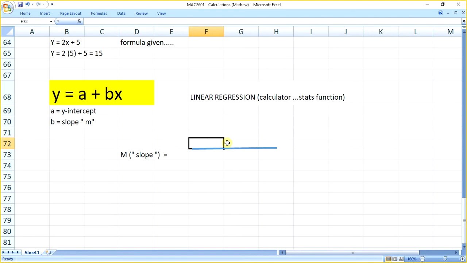When working out m, you're going to need y2 minus y1 over x2 minus x1. That's just the formula that's used to work out the slope of a particular line.